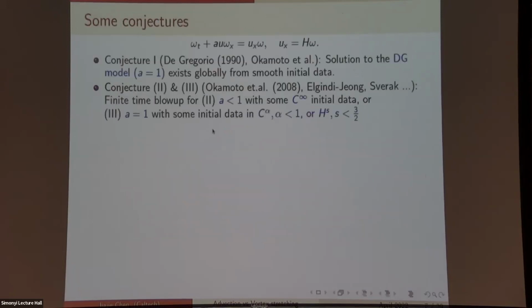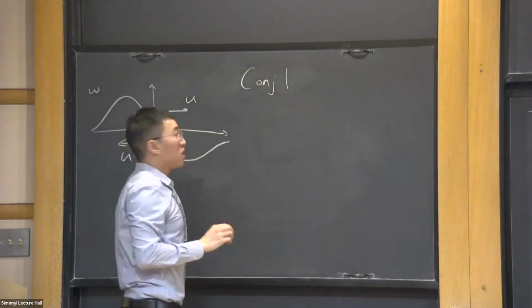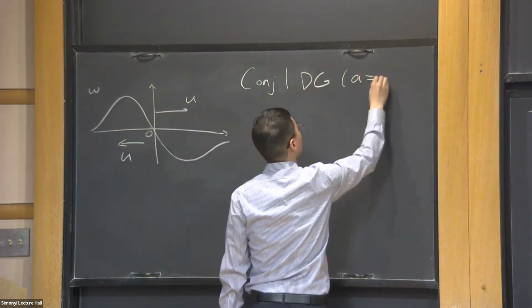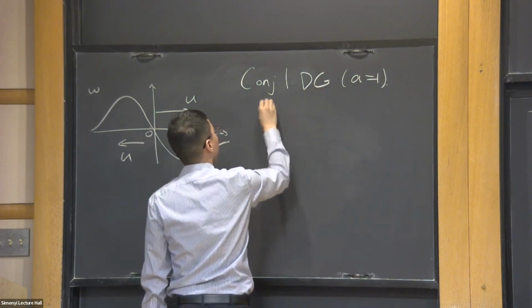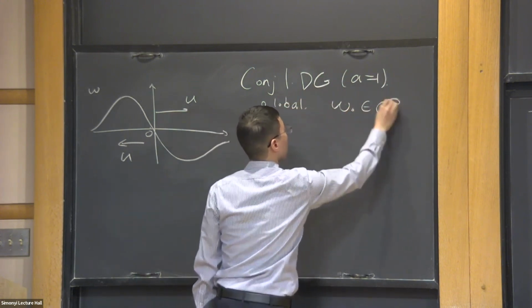There are several conjectures for this class of models. The first one, I will write it down here, is for the Gregorio model, which is the case a equal to 1. The Gregorio model exists globally from smooth data. So we have global existence for smooth initial data.